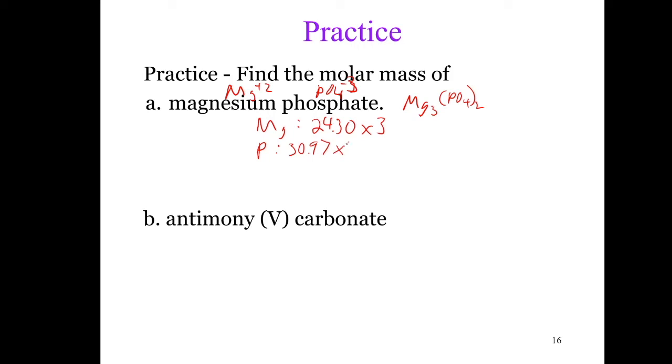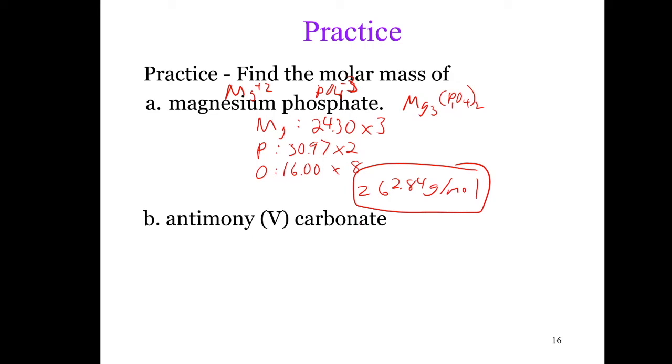That means that there's 2 phosphorus, because there'd be a 1 here. 1 times 2 is 2. And then lastly, oxygen, I look up on the periodic table, it has a molar mass of 16.00, and there would be 8. I get out my calculator, multiply those out and add them up, and I get 262.84. All these had 2 decimal places, so I'm going to keep 2 decimal places, and I have units of grams per mole.